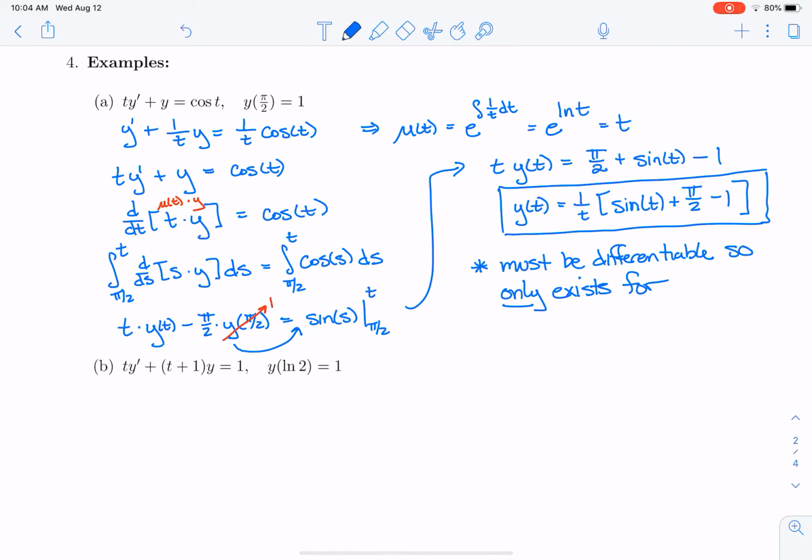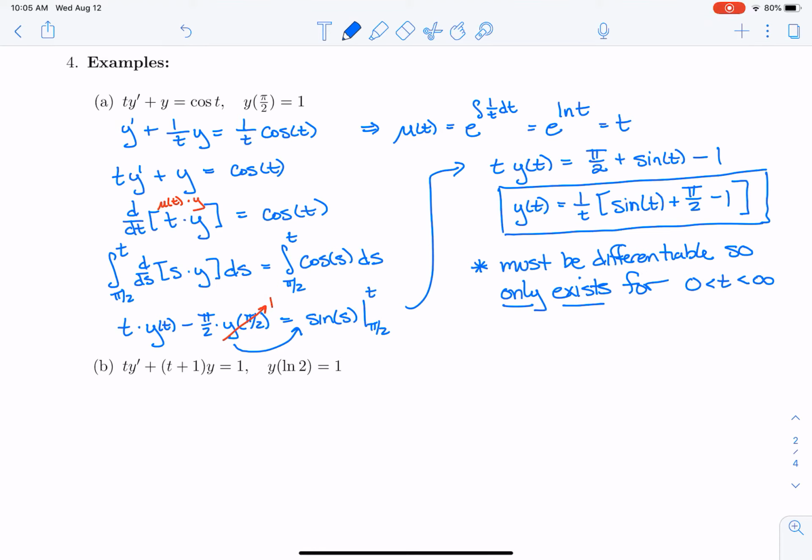Okay, so what I'm going to do is I'm going to pick the largest interval that I can that includes my initial condition, which in this case is that t must be between 0 and infinity. And I know that my solution exists on that interval. Now, if my initial condition had been with a negative t, I would have picked the interval from minus infinity to 0.